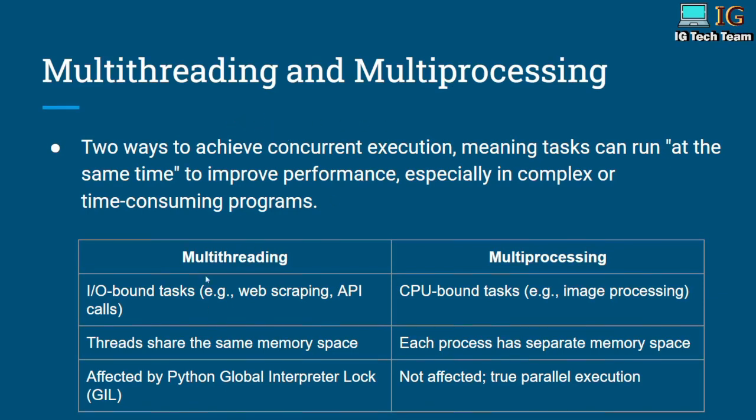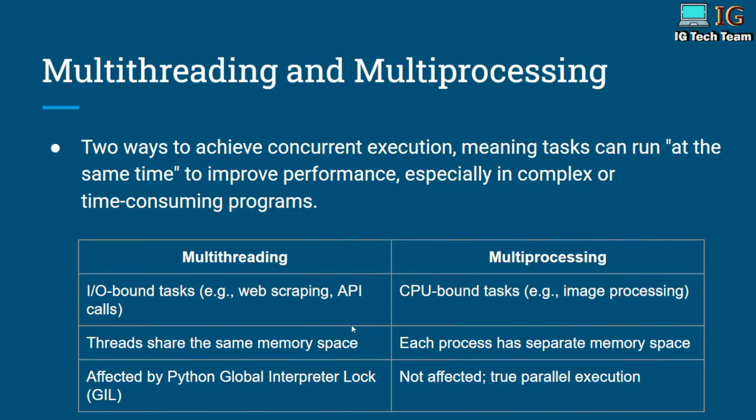You can see here, multi-threading is for IO-bound tasks, meaning for web scraping, crawling, or API calls you can use multi-threading, and for CPU-bound tasks, for example image processing, you can use multiprocessing. The main difference is that threads share the same memory space, but processes have separate memory space.